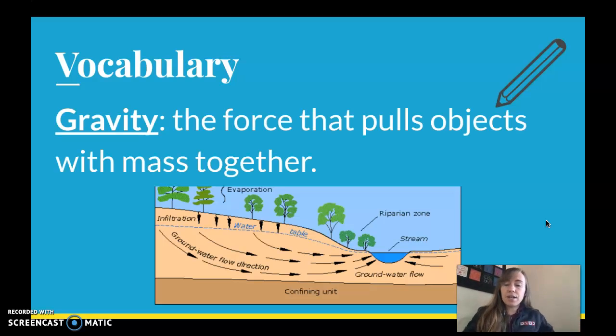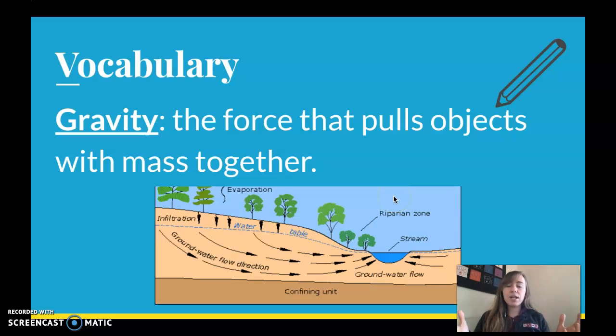Okay. Gravity, I think you all probably have used the word gravity before, but I want us to review that it's the force that pulls together objects that have mass. So it's really important that we remember that this has a focus on mass. So objects with mass, which is all objects that we can touch, see, feel, the air also has mass. Gravity is pulling that stuff together.